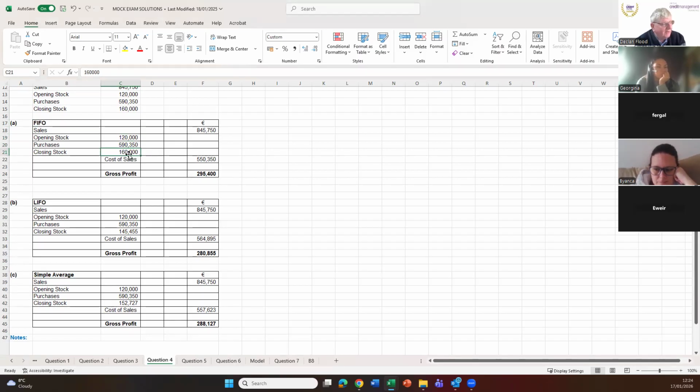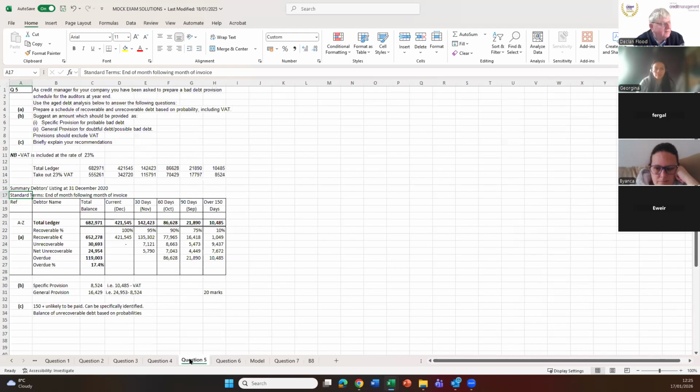So it's only how you value your closing stock that changes. That's what you're given, and then that's adjusting it for the price increase or whatever. And then your average is just adding the two figures and dividing by two. So it is fairly simple.